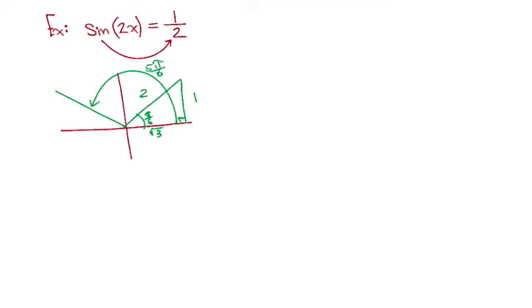So my two numbers that I'm going to be working with are pi over 6 and 5 pi over 6. Now be careful. These aren't my answers. Why? What's different between this one and the one I did earlier?